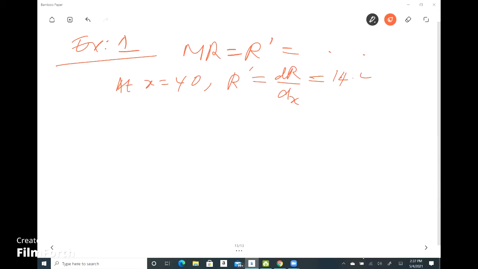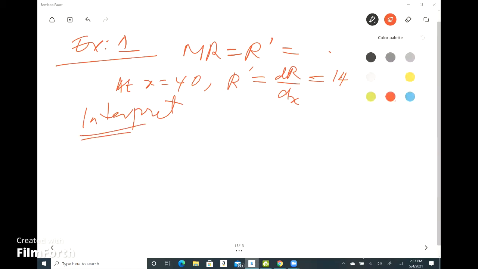14.4. Okay. Now I want you to interpret this. So you go to that example, see what is the unit for x, if there is any, and then what is the unit for the revenue. So I would like you to interpret the marginal revenue at x equal to 40.